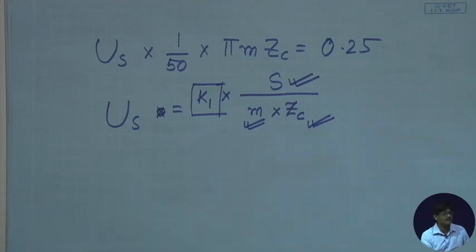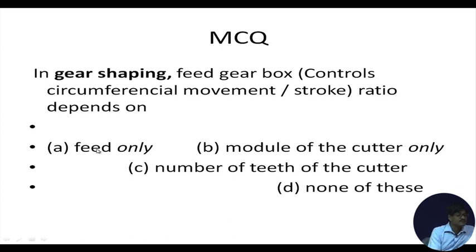And now, let us come back to the problem. So, first option, feed only, that is not correct, because apart from feed we have just now noticed it depends upon the module and it depends upon the number of teeth on the cutter. So, feed only is definitely not correct. Module of the cutter only, definitely not, because it depends upon the feed specified and also the number of teeth on the cutter. Number of teeth, the third option, number of teeth of the cutter.